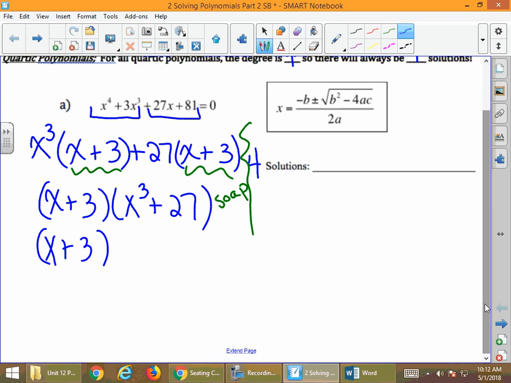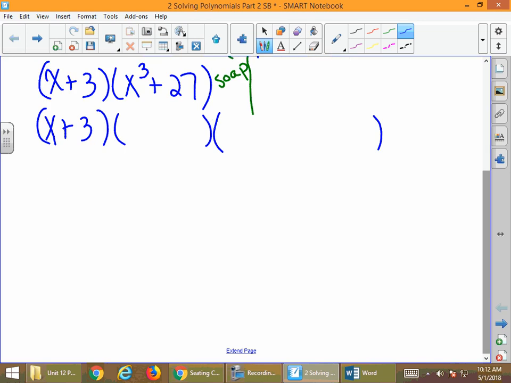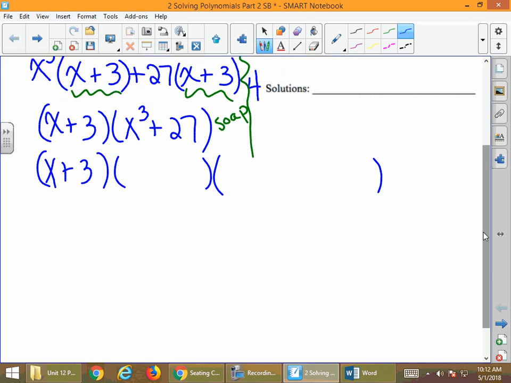We're going to be factoring a cube. And when we factor a cube, the cube root of x cubed is x. The cube root of 27, which you could type into your calculator if you need to, ends up to be 3. And if we can get those values, I think we can get the rest.